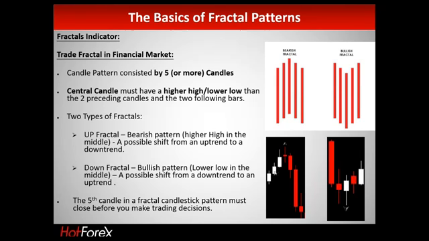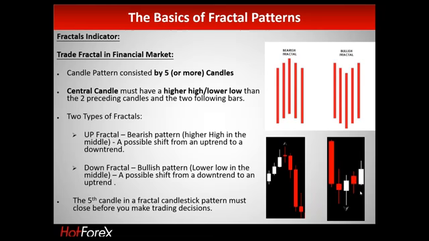So we have 1, 2, in the middle 3, 4, 5. 5 candles. The central candle, where the arrow is, must have either the highest high or the lowest low, in comparison, of course, with the neighbor candles, I mean the two on the left and the two on the right.